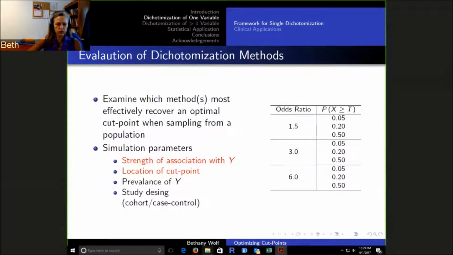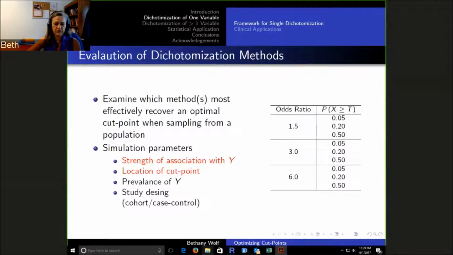The parameters that we considered were the strength of association with y, defined by an odds ratio, and the location of the cut point, which you can see in this column here: the probability that x is greater than t, so the smaller the probability that x is greater than t, the larger the cut point.